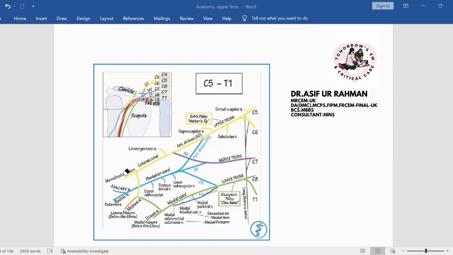The posterior divisions of the upper, middle and lower trunks will create the posterior cord, and the anterior division of the lower trunk will form the medial cord. Clear? Okay. Is there any confusion?